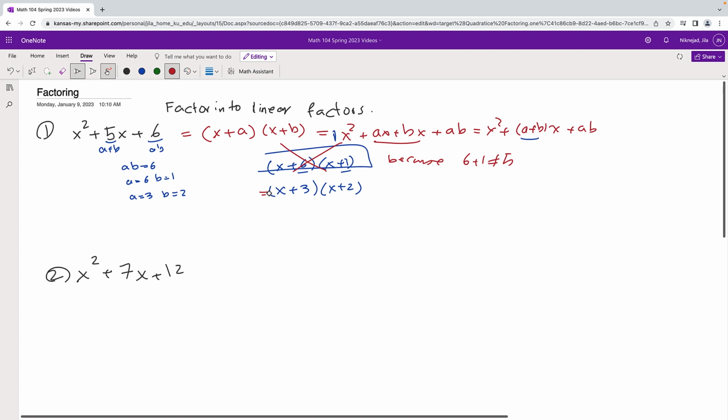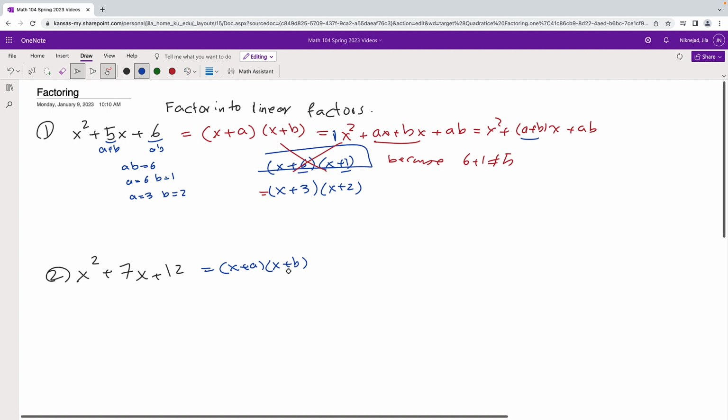Let's do one more. Let's have x squared plus 7x plus 12 and see what happens. Again, I'm going to use that method. Here, a and b, let's say if it's x plus a, all of them are positive, so that is a reliable way of doing things.